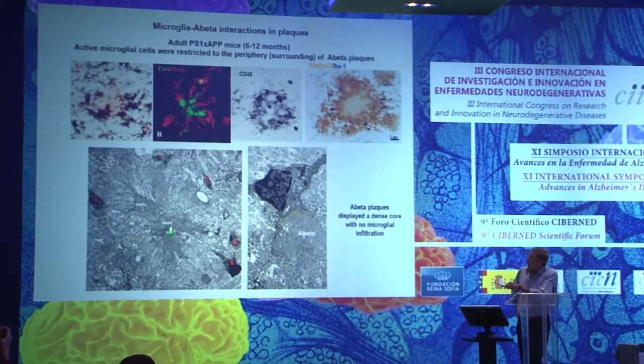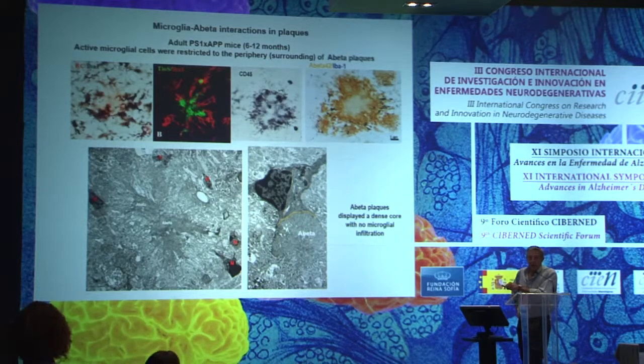Indeed, the A-beta plaques are made of a dense core of condensed A-beta, and the microglial cells are always surrounding this dense core of A-beta. We have never observed in models any prolongation of microglial cells inside of this core of A-beta in the plaque.